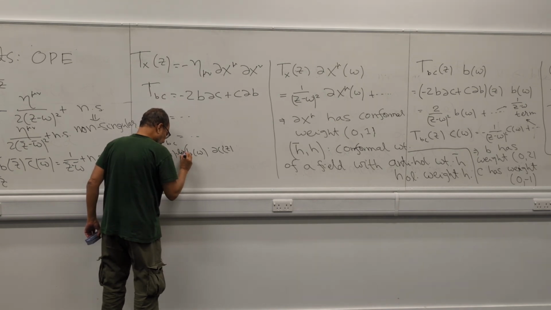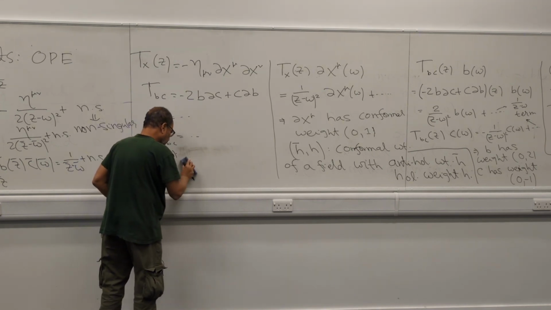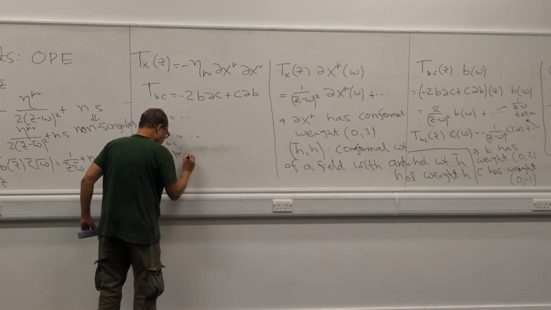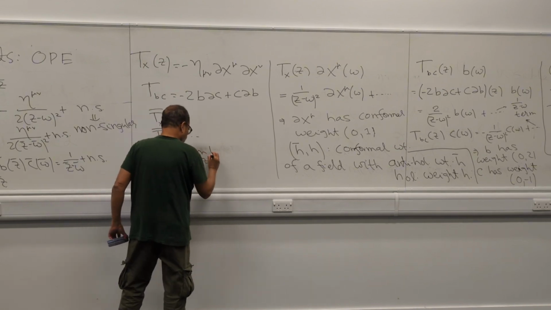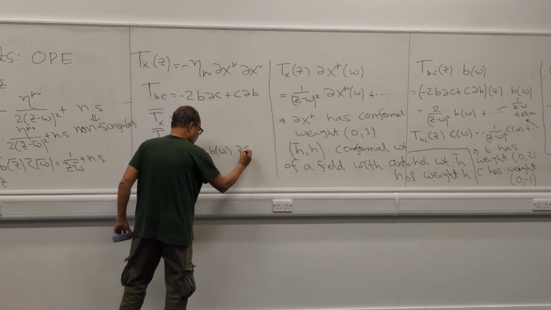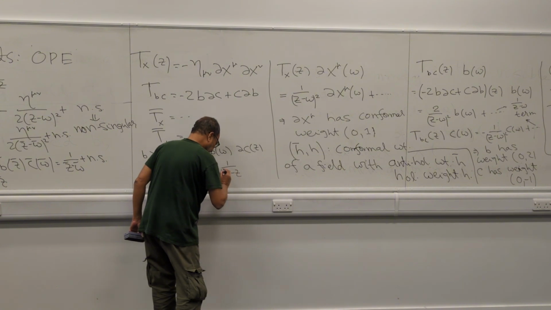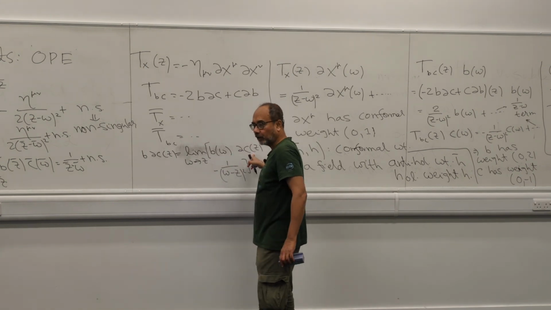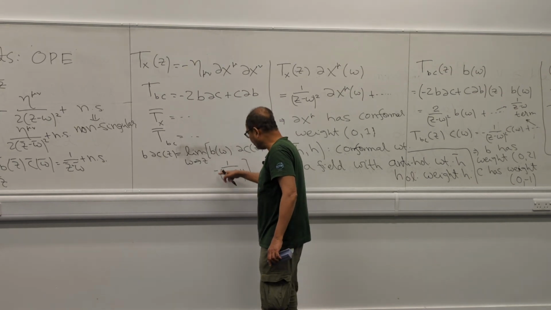This is a limit, w goes to z, of b of w del c of z minus 1 over (w minus z) squared. Because you see b of w c of z has 1 over w minus z. So when you take the derivative, it's 1 over (w minus z) squared. So that you subtract out.